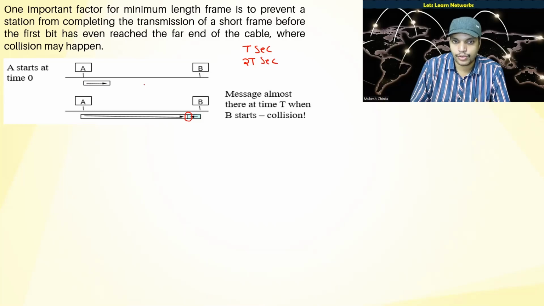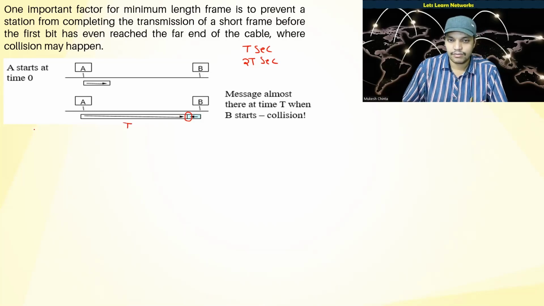For this transmission to go to B, it takes t seconds. And if there is a collision that happens at B, for this collision to be heard by A, it takes another t seconds, right? So onward journey, return journey, t plus t gives me 2t seconds.